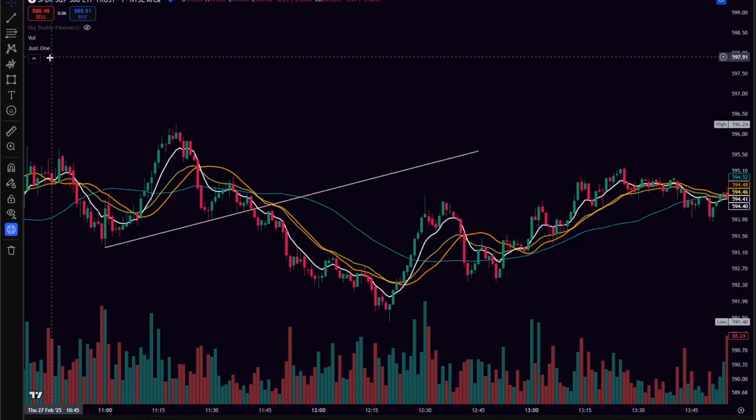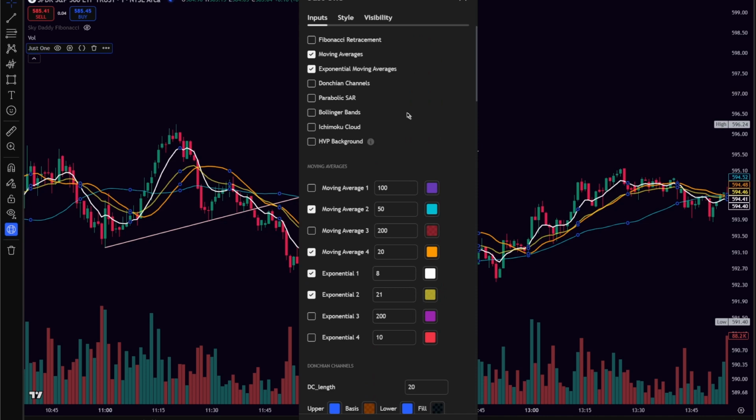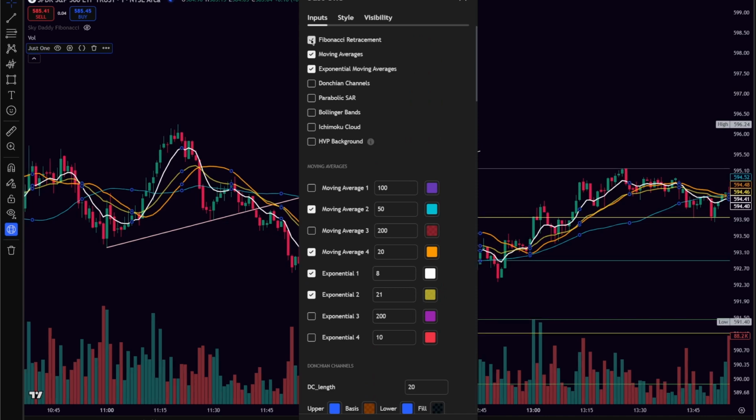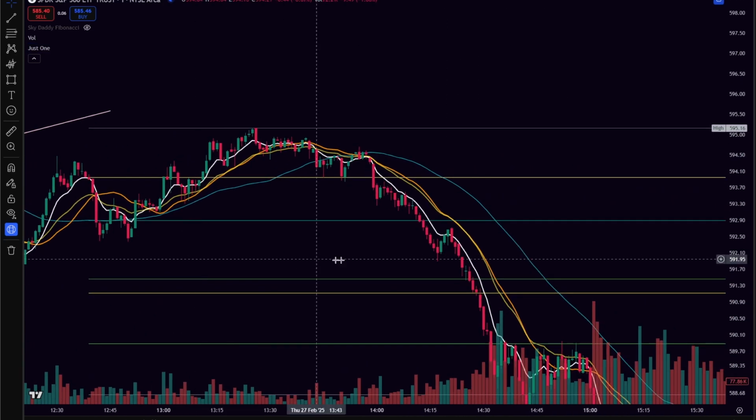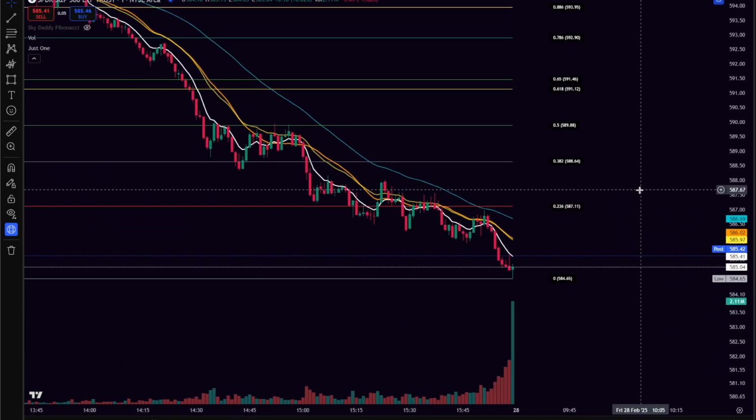Yeah, it's one indicator, but this is the one that I made. It includes my Fibonacci retracement as well, so it just automatically creates Fibonaccis for me.